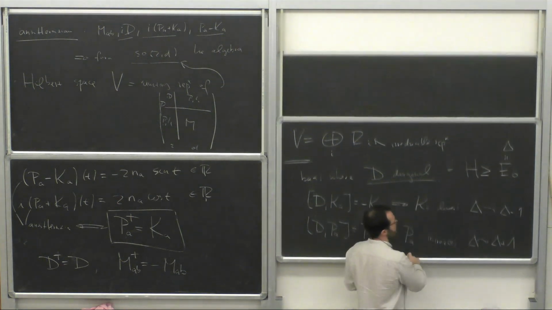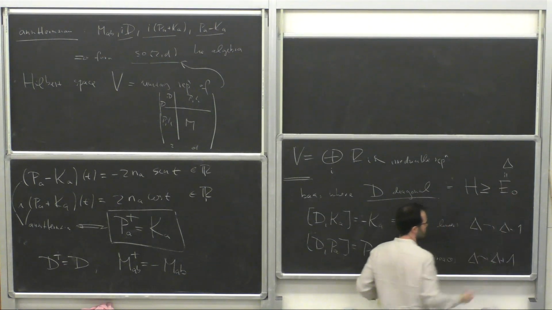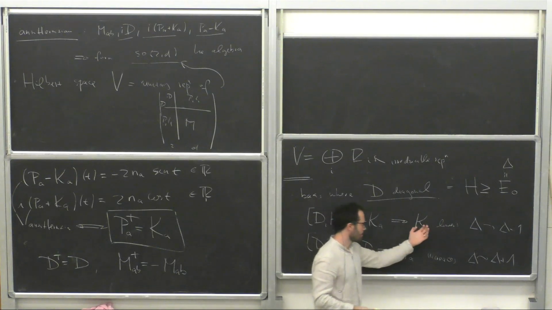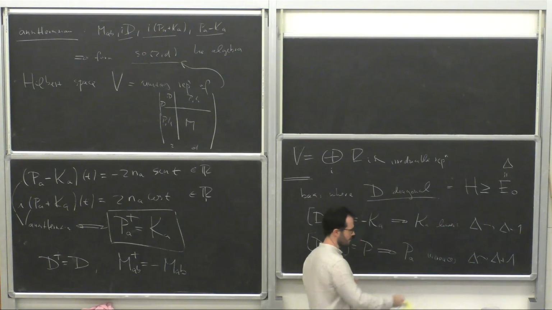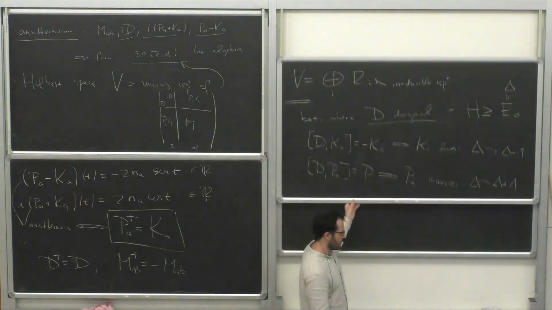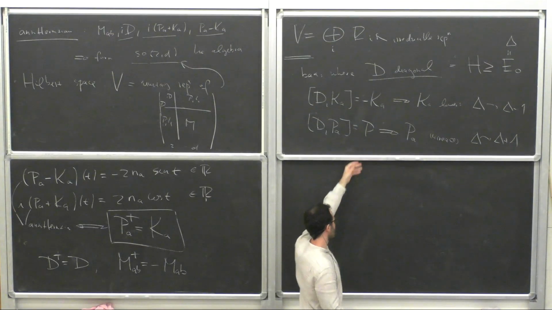But since our energy is bounded from below, at some point the K will have to annihilate our state. Otherwise, if it keeps going, it will generate states of arbitrarily low energy. So that's not allowed.